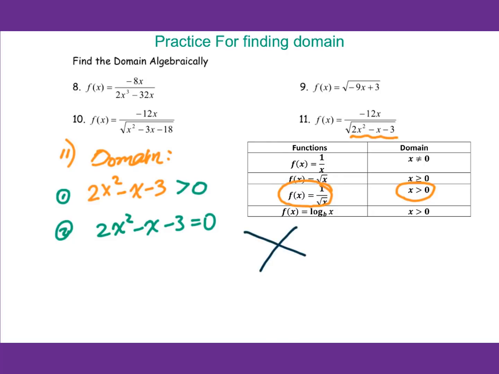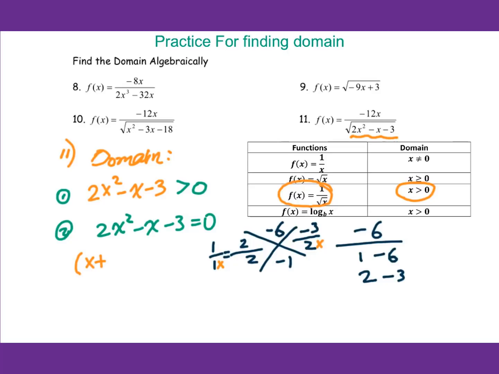Still, we do ninja x. Then we factor, we got (x plus 1)(2x minus 3) equals 0. Therefore, your x1 equals negative 1 and x2 equals 3 over 2.